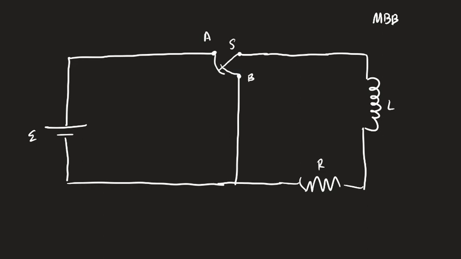Most of the time on the AP exam, I've seen them write the whole phrase, make before break, out. But it's a special kind of switch that is designed to not break the old connection before making the new connection. This ensures that the current passing through the inductor is maintained at the instant the new circuit is being made.